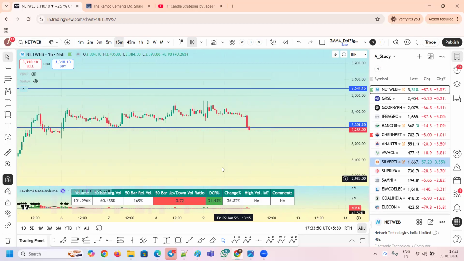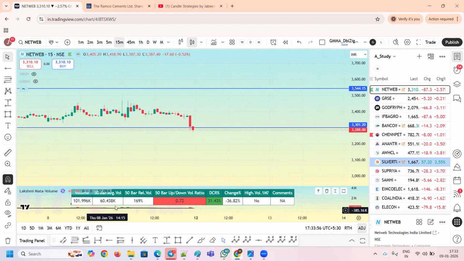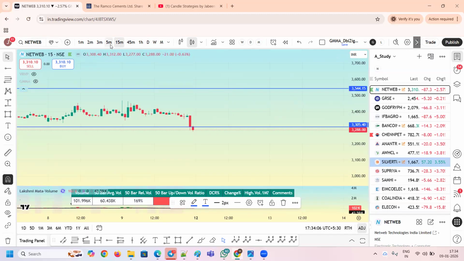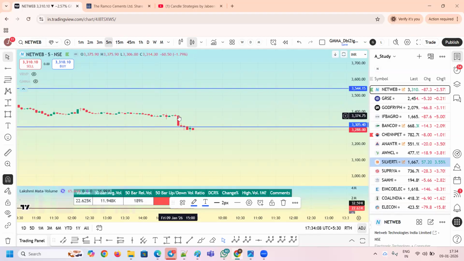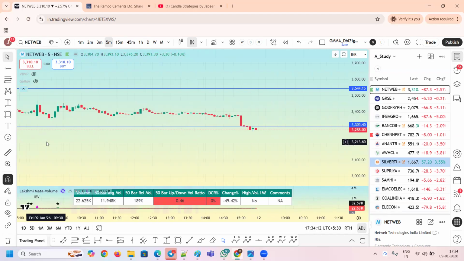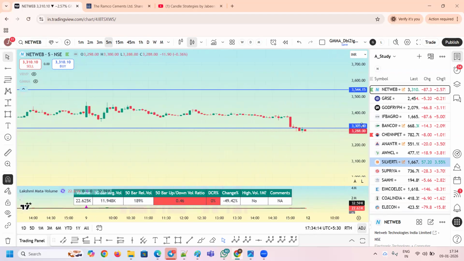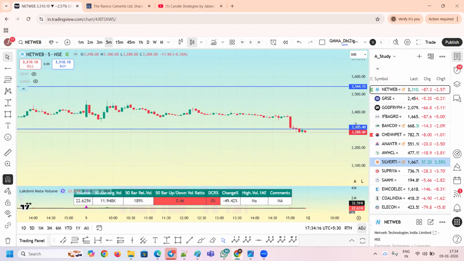I made money in this move, in this candle, one candle here, this candle, and this another candle. So these candles will tell me that I'm going up, I'm going down. You can make money like that.